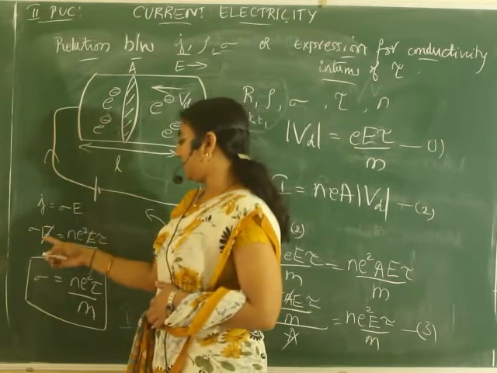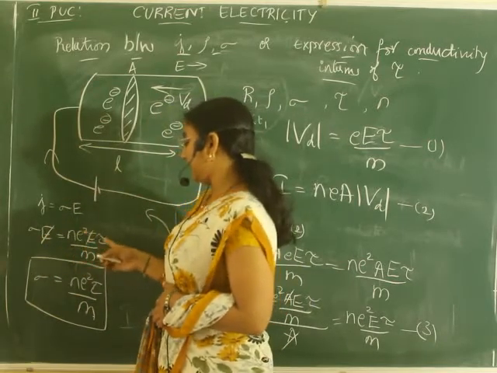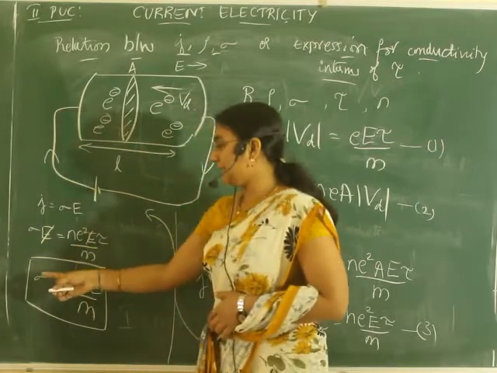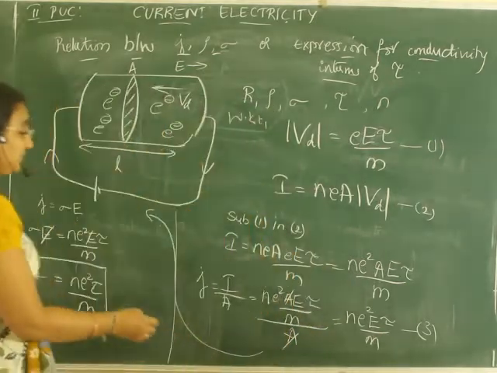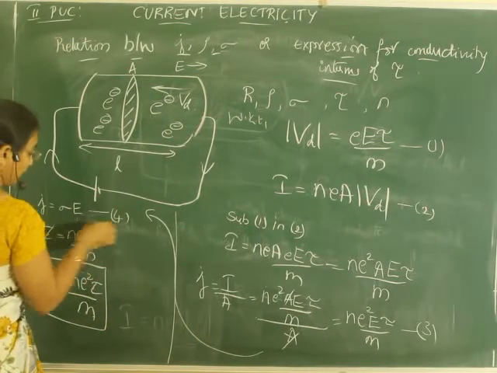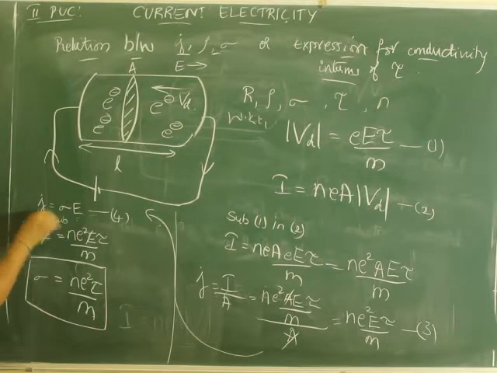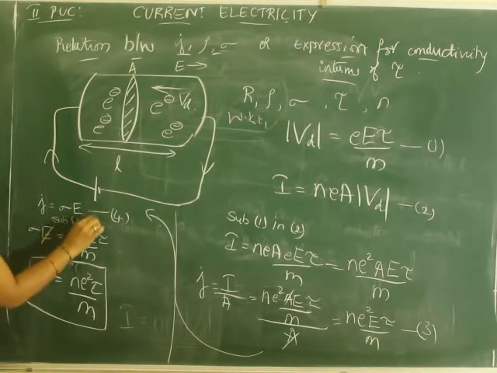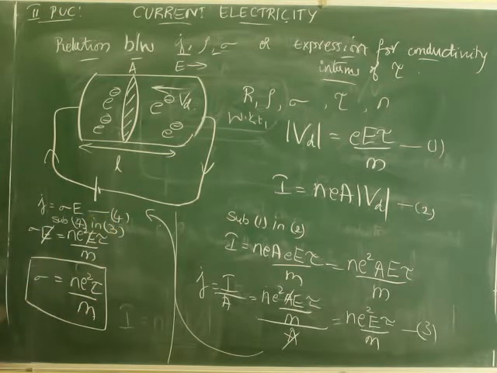So sigma E = Ne square E tau by M. E gets cancelled. If I write this as equation number 4, substituting 4 in 3, we get sigma = Ne square tau by M.